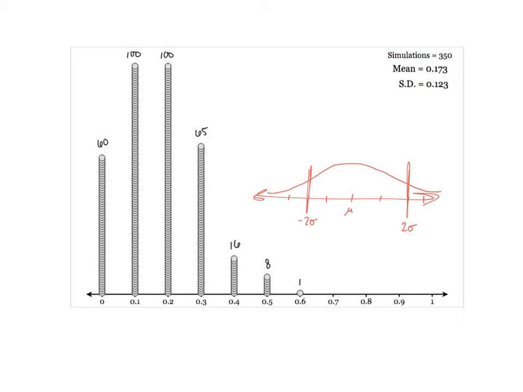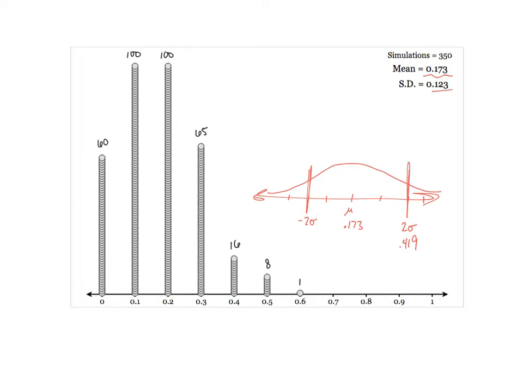In this case, we would put our mean right here, 0.173, and then add 0.123 two times. So 0.173 plus 0.123 plus 0.123 is 0.419. And I could do the opposite as well.